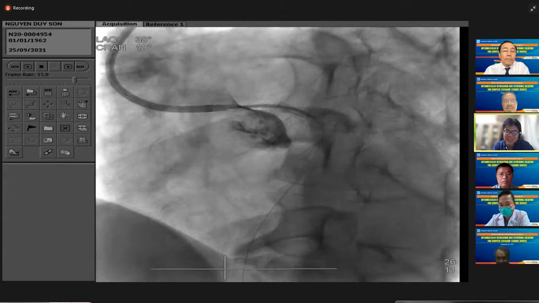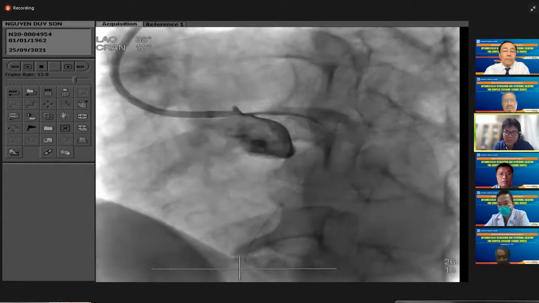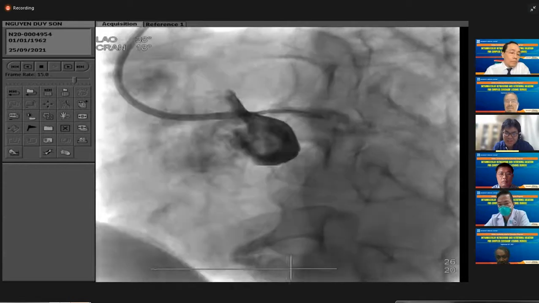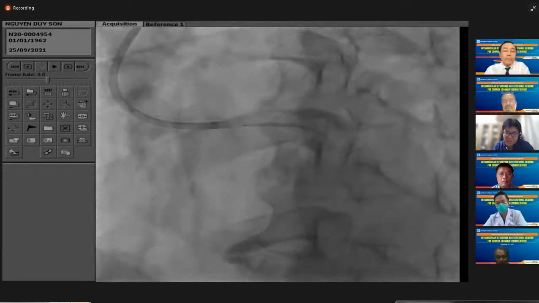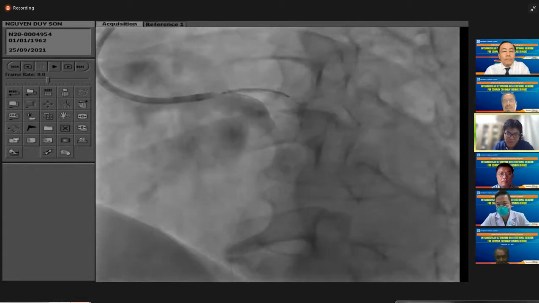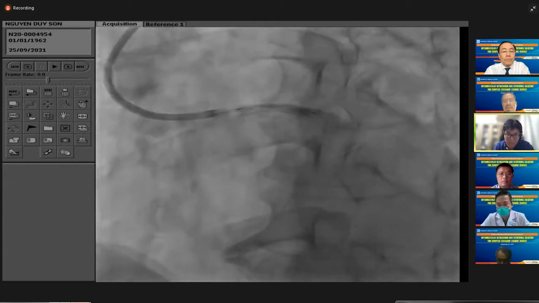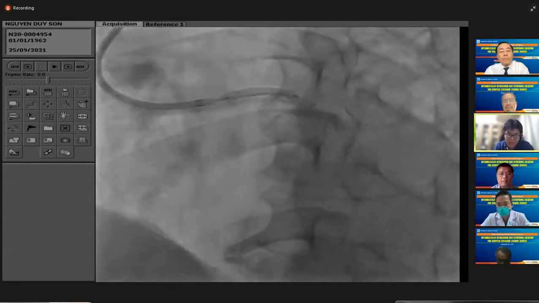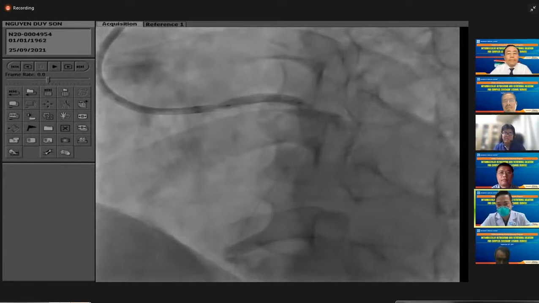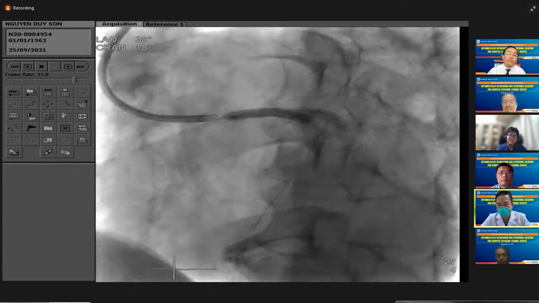As you mentioned, the dissection already occurs, so please put the stent. Okay, I think it seems okay. A little bit protruded to the ostium outer, but it's okay, because the plaque continues from the ostium of the left main. I think we can advance a little bit.